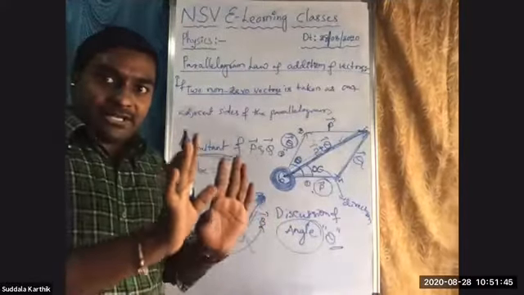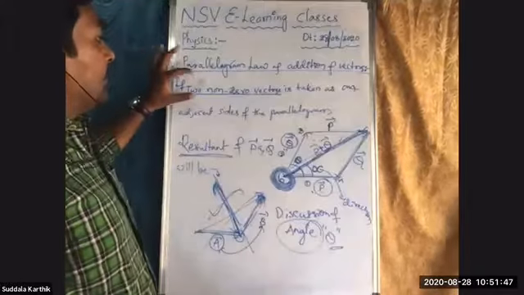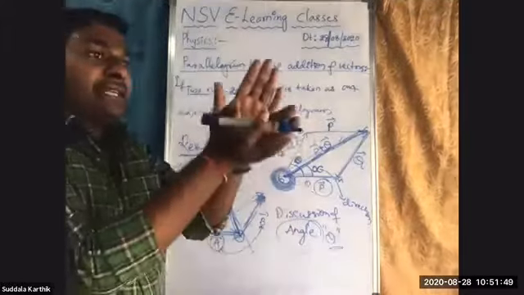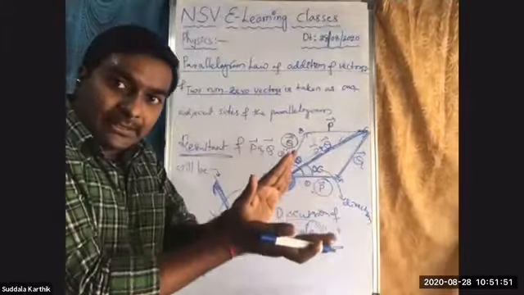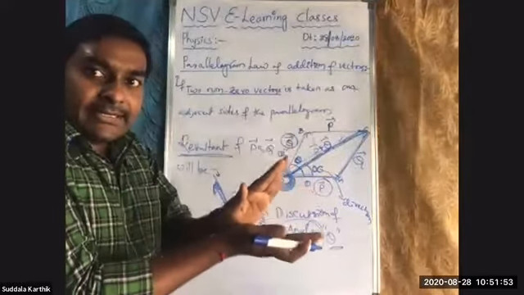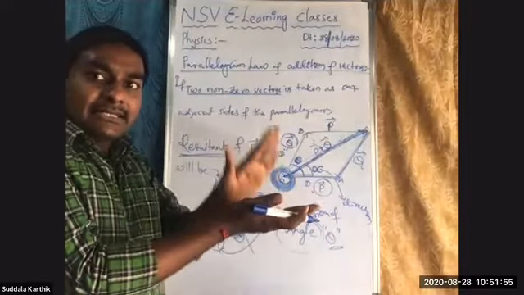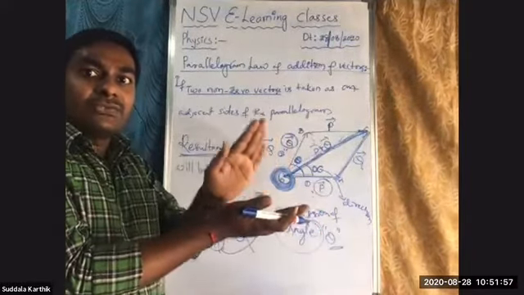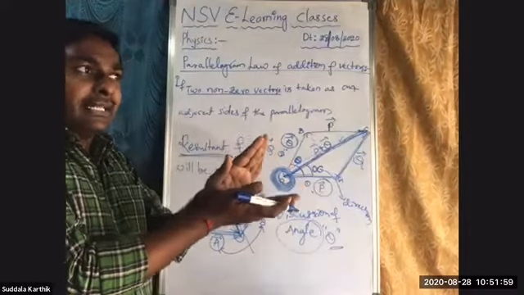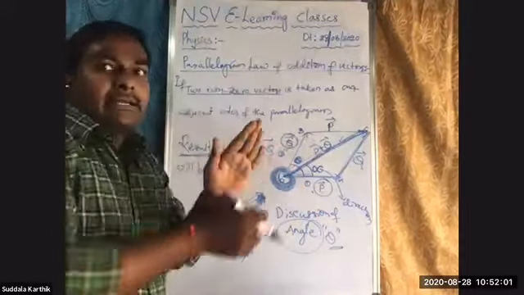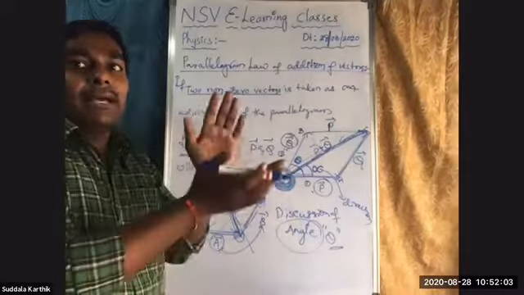Again, I am repeating from the start. If any two non-zero vectors are treated as adjacent sides of a parallelogram, then definitely the resultant vector of those two will be the diagonal of the parallelogram.